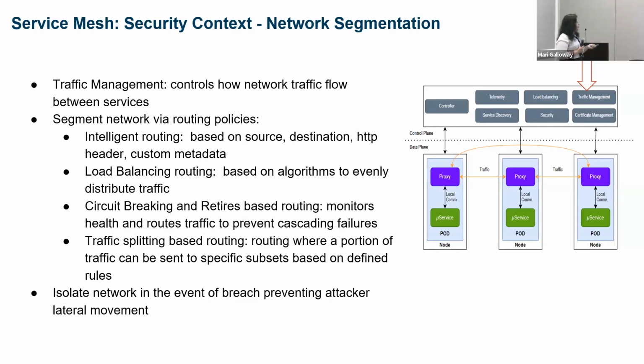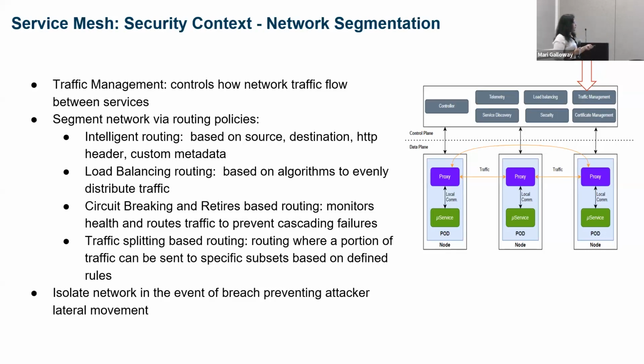Traffic splitting based routing is a very great way of splitting the traffic. In this routing methodology, say that if you suspect there's an attacker in the network, you can split the traffic, isolate the network there, and contain the attack in that area.